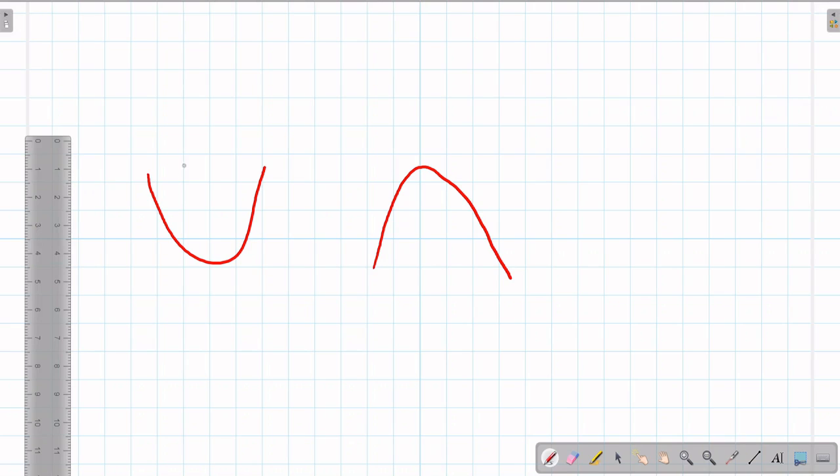Okay, so this one is open upward and this one is open downward. And you can also say that this is a smiley face and this is a non-smiley face.